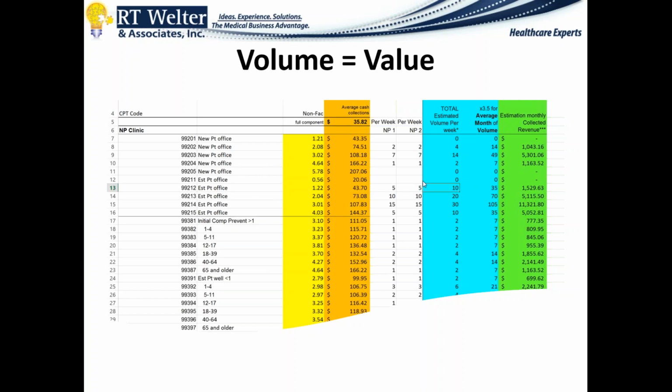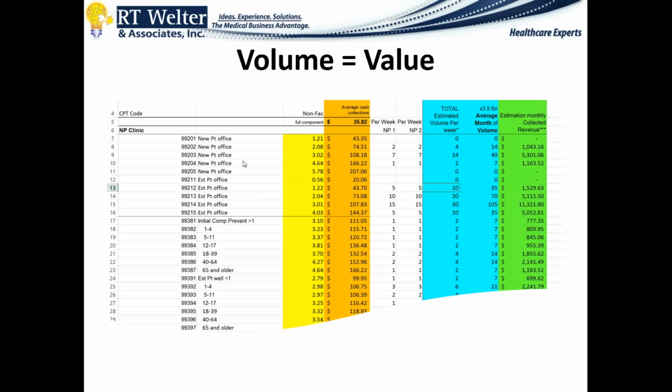So volume, really to define our value. We've got our list of CPT codes, we've got our non-facility RVUs, our Medicare fee schedule reimbursement, and then we're looking at our same example of the 2 nurse practitioners with the full-time family planning 50-50 distribution. And we're looking at our volume based on a week's time.